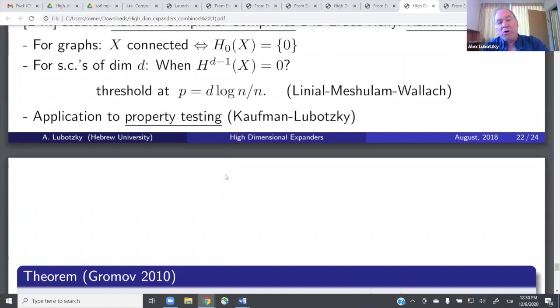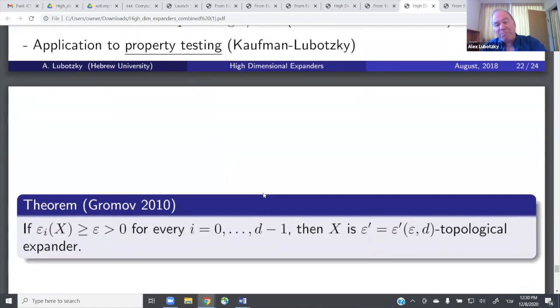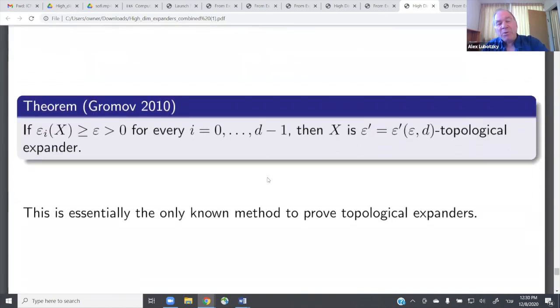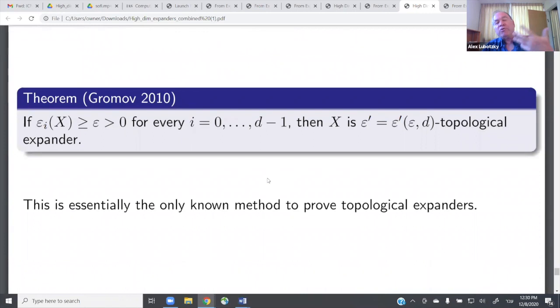In fact, in Ramanujan complexes, the higher cohomology over F2, I stress over F2, can be non-zero. In fact, it is non-zero in many cases. So the epsilons cannot be positive. You remember we said that they are positive if and only if the cohomology vanishes. Okay, I'm probably too fast. But so we have to do more work in order to prove that the Ramanujan complexes are topological expanders.